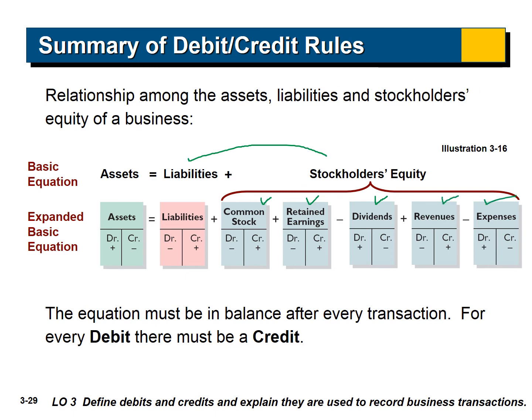And so you'll see that three of the accounts, assets, expenses, and dividends, all have debits to increase those, where everything else, all the other accounts, which are what?